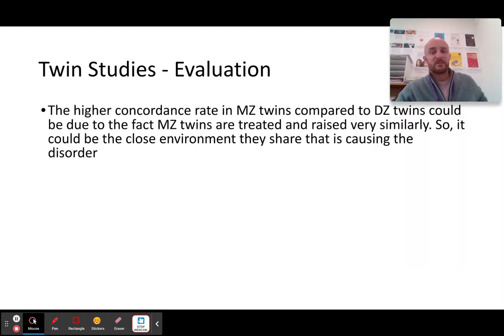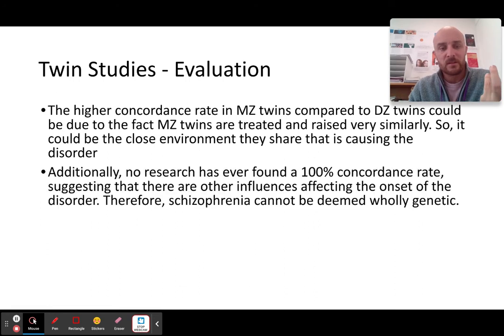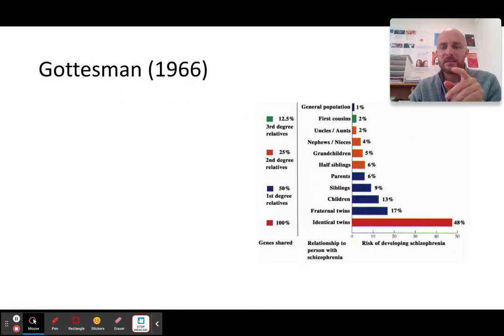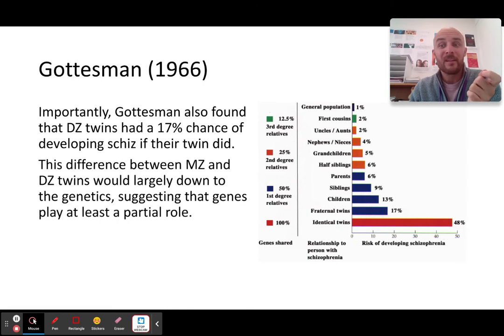So a bit of evaluation just here. The high concordance rates in identical twins compared to non-identical twins could be because MZ twins are treated very similarly. So we've discussed that already. And no piece of research has ever found a 100% concordance rate. I'm not entirely sure, but 48% has got to be one of the highest ones that's ever been found. That's not even a majority.